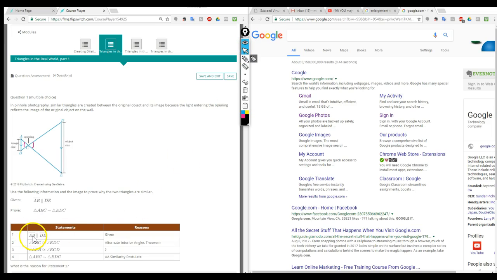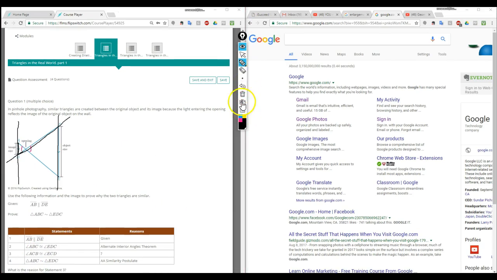Segment AB is parallel to segment DE. That is given. Angle ABC is congruent to angle EDC, by alternate interior angles. So what angle did they talk about there? They were talking about line AB and line DE, and angle ABC, with B to D being a transversal.